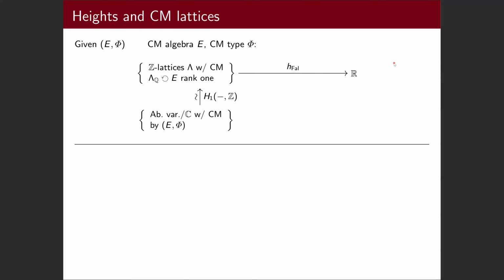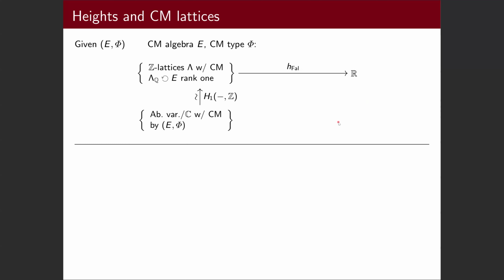Okay, so how do I define this function? Well, define it in terms of abelian varieties. If I look at the category of abelian varieties over the complex numbers with complex multiplication by this particular CM type, this is equivalent to the category of Z-lattices that I wrote above. The equivalence is given by taking H1 of the abelian variety.